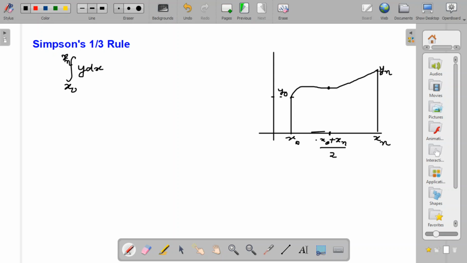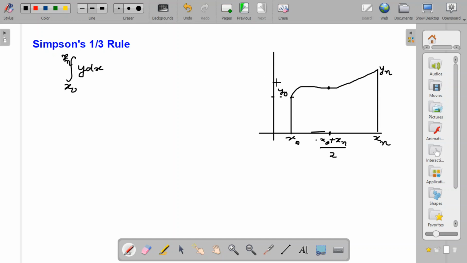And the value of the second order polynomial at the point xn is yn itself. So the values of the assumed polynomial at these points are the values of the exact function which we have. So based on that we try to approximate the second order polynomial.